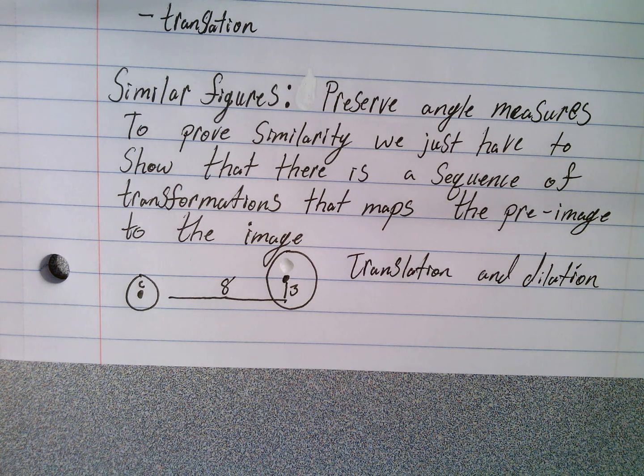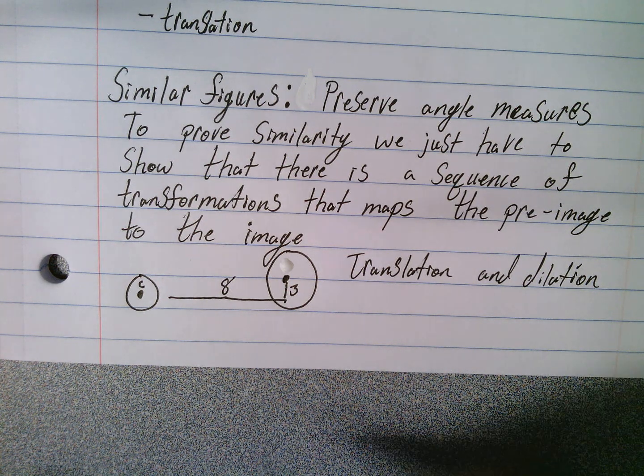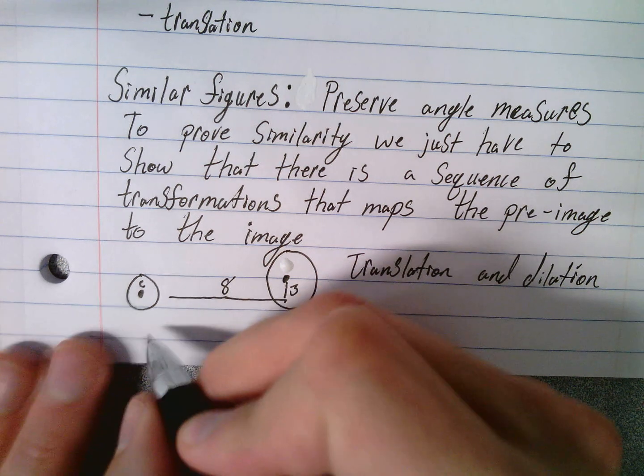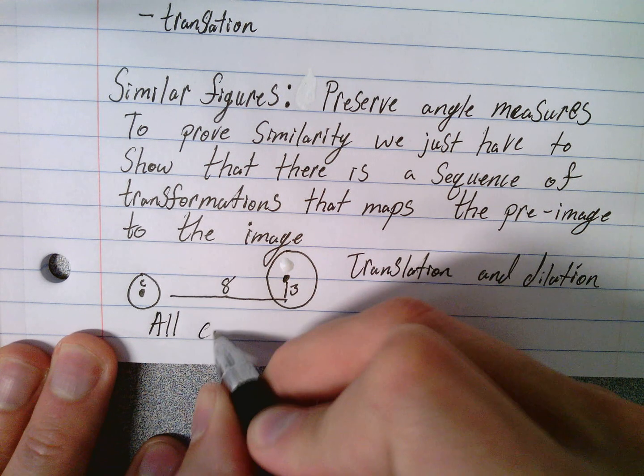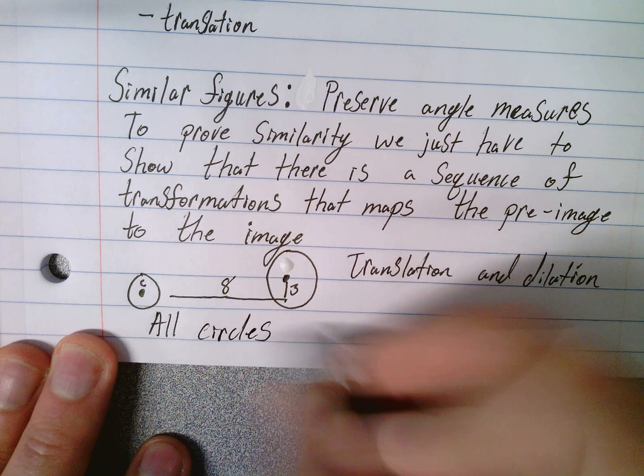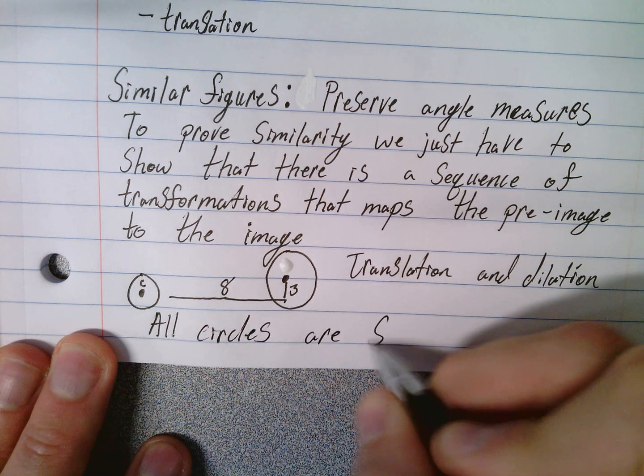Now, wouldn't that be true for all circles? Couldn't I just move and then grow or shrink a circle? Does anything else about circles change when you translate them? If I rotate a circle, does that change the circle at all? No, not even a little bit. So what we get is this interesting fact that all circles are similar.